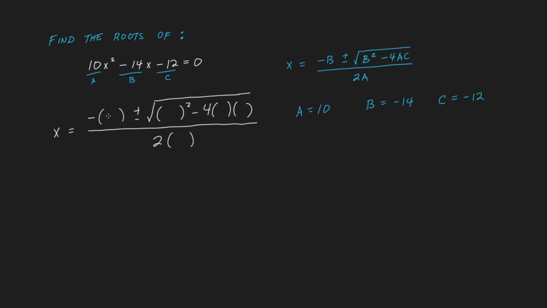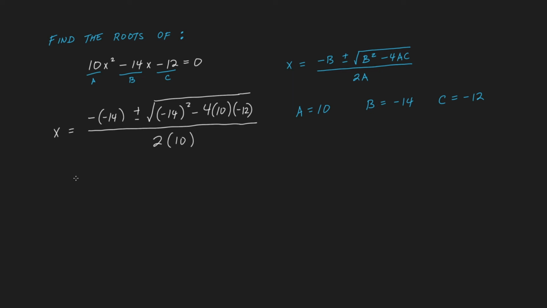Next we plug in the values: b is equal to negative 14, and here it's also b, negative 14. Here a is equal to 10, and c is equal to negative 12. Below we just have a, so that's 10.